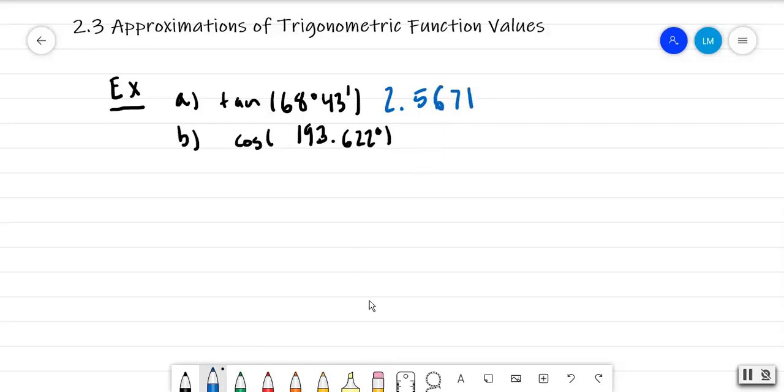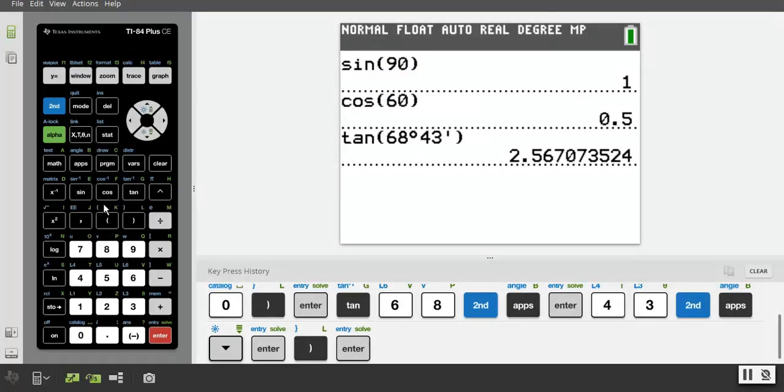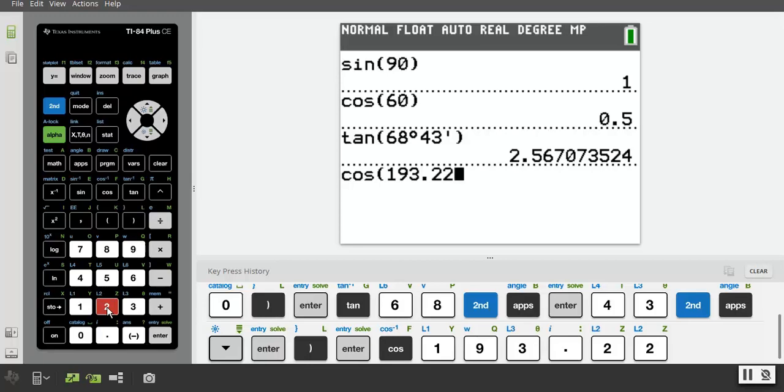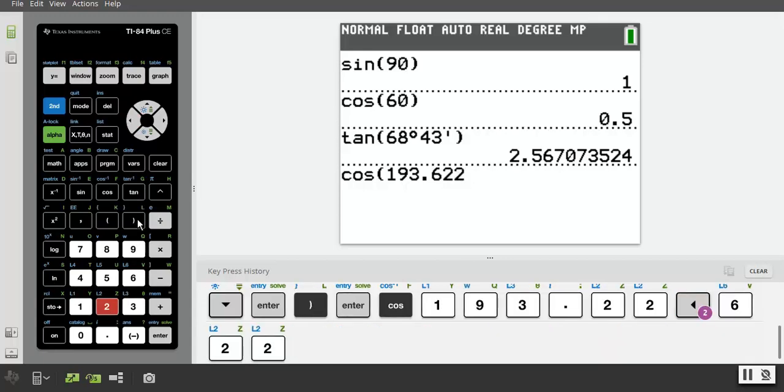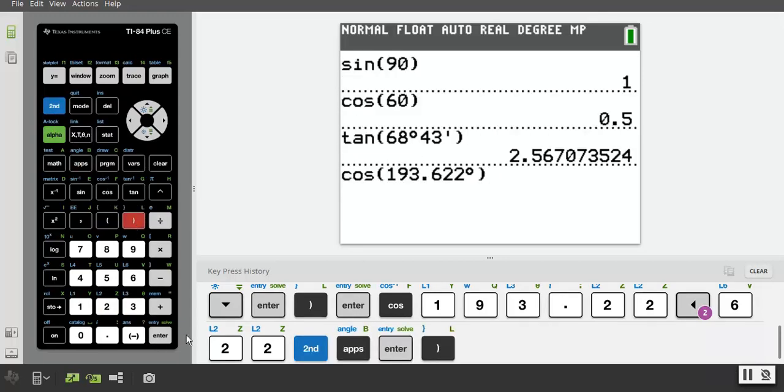Now if we look at similarly the next one, you want to find cosine of 193.622. If you put the degree symbol, it's going to do it for you, but if you don't, it's still going to do it, because it's in degree mode.